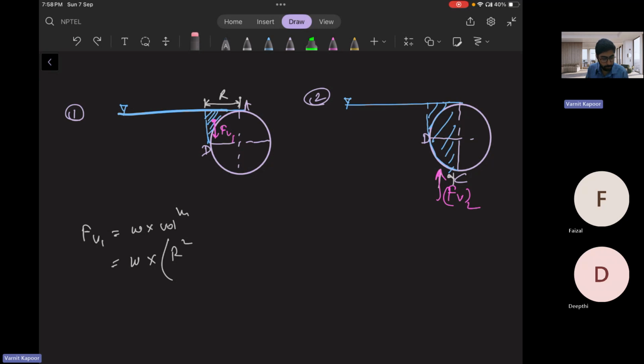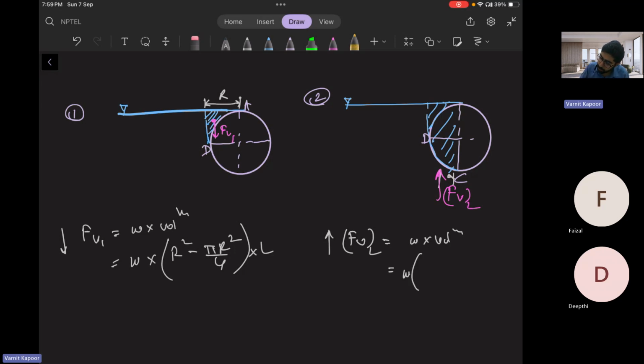R square is the square area minus quadrant of a circle, pi r square by 4 into the length of the cylinder. That is acting downward. And here the vertical force 2 is acting upward. That is W into volume. So liquid is same, W into complete R square. This R square, sorry, my bad. This much R square plus quadrant of the volume.